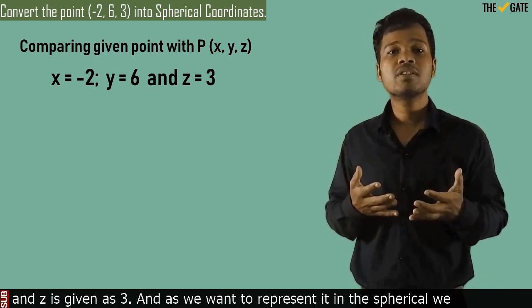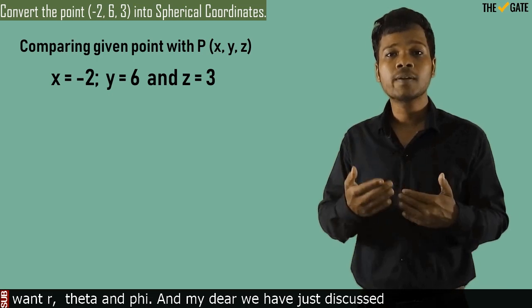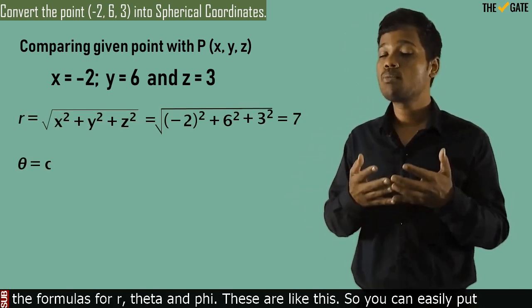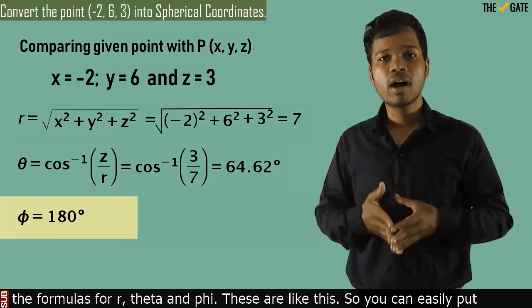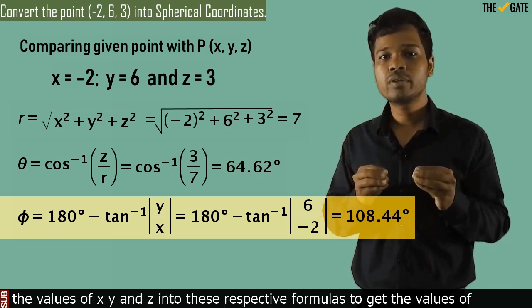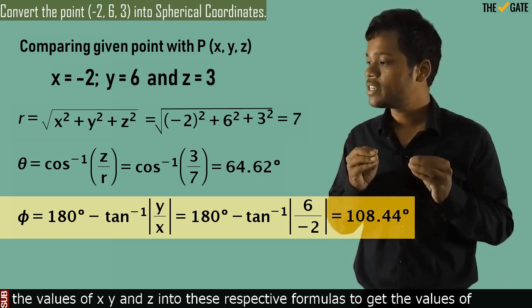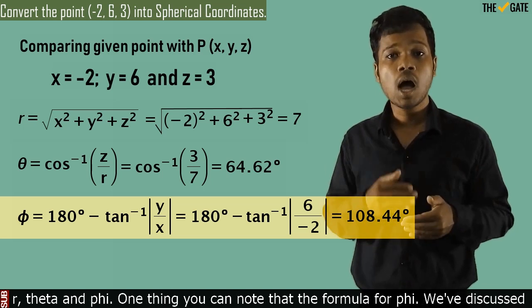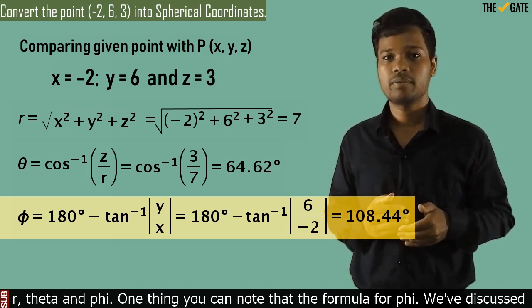And as we want to represent it in the spherical, we want r, theta and phi. And my dear, we have just discussed the formulas for r, theta and phi. These are like this. So you can easily put the values of x, y and z into these respective formulas to get the values of r, theta and phi.